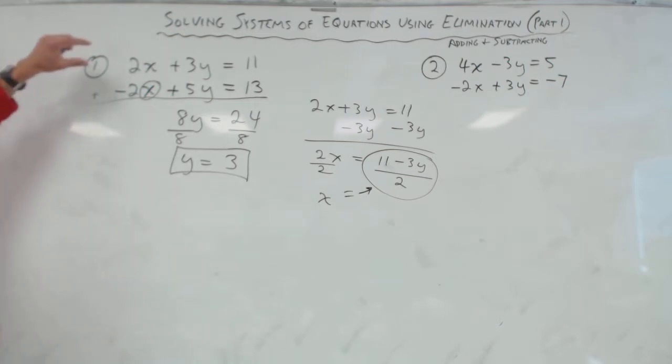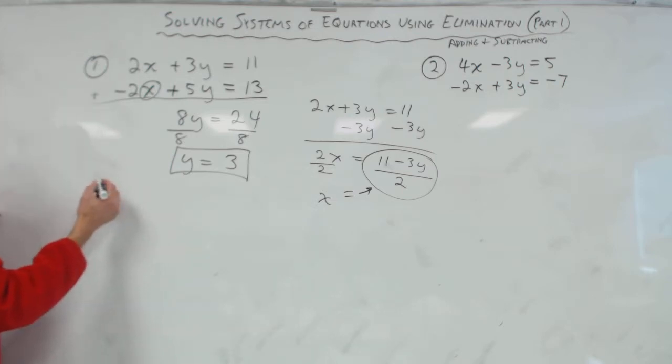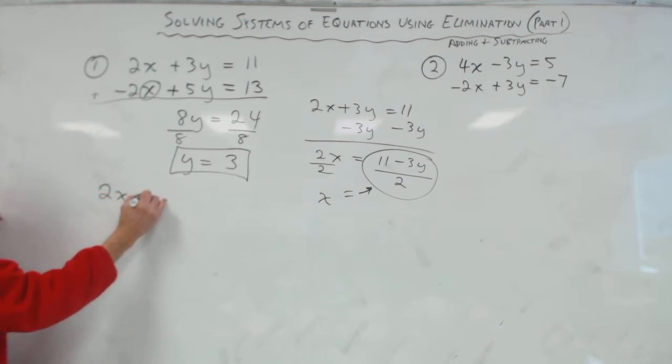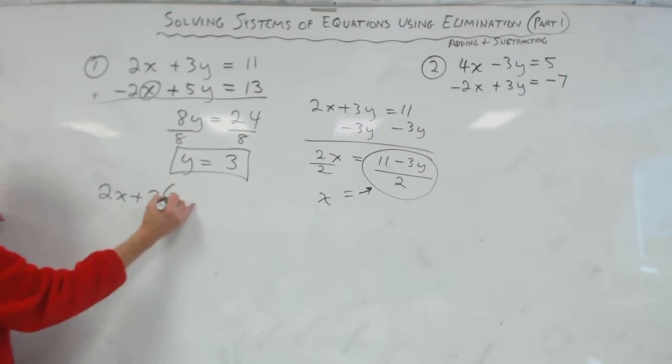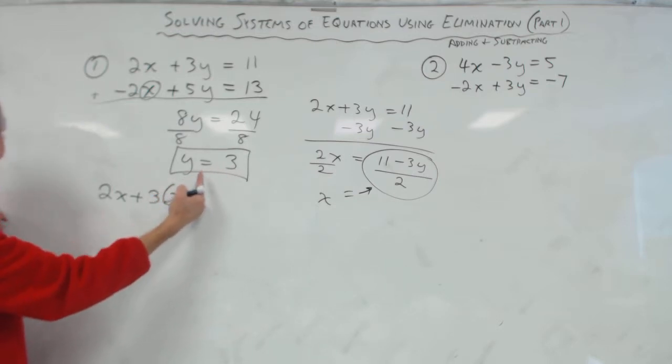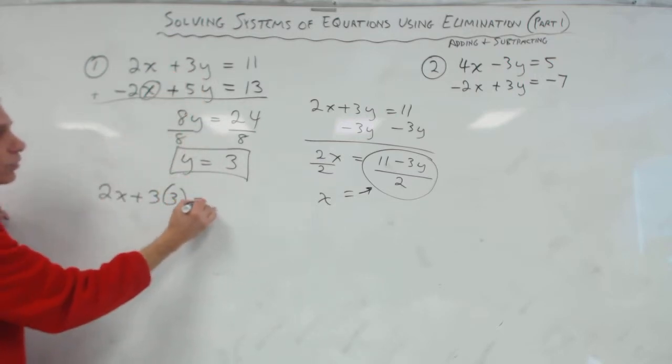So I'm going to come up here and choose whichever one I think is easiest. It doesn't matter, because you'll get the same answer no matter which one. But I'm going to do the top one: 2x plus 3 times what y equals, right? I'm just substituting this 3 in for this y equals 11.